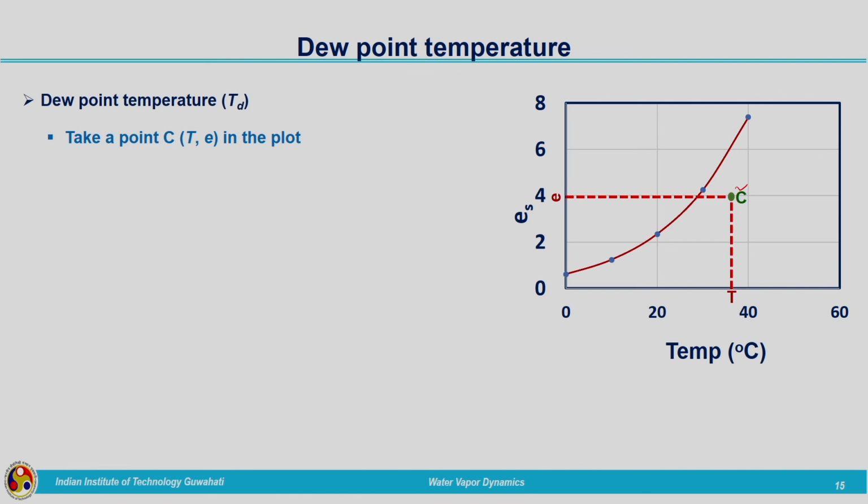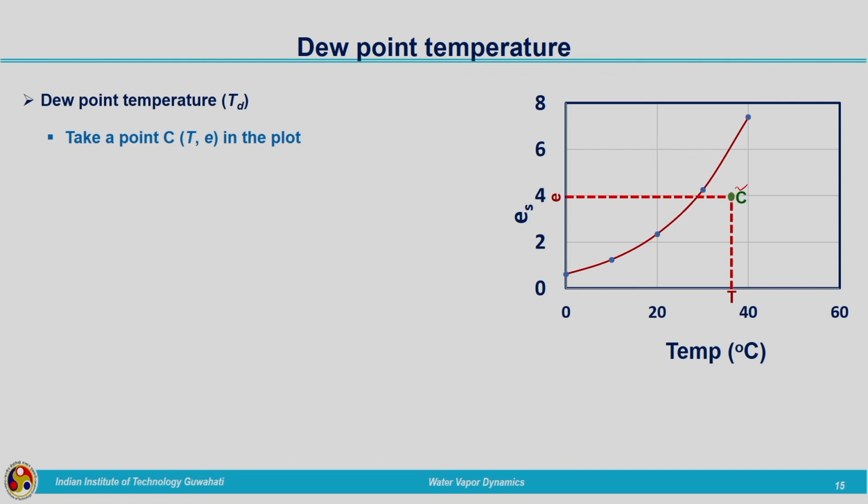You look at the point C: it is on the plot, but it is not on the curve. This value E we get by extending towards the curve, and on the curve it represents E as saturation vapor pressure, but away from the curve it is no more saturation vapor pressure. It is only the vapor pressure corresponding to that particular temperature.